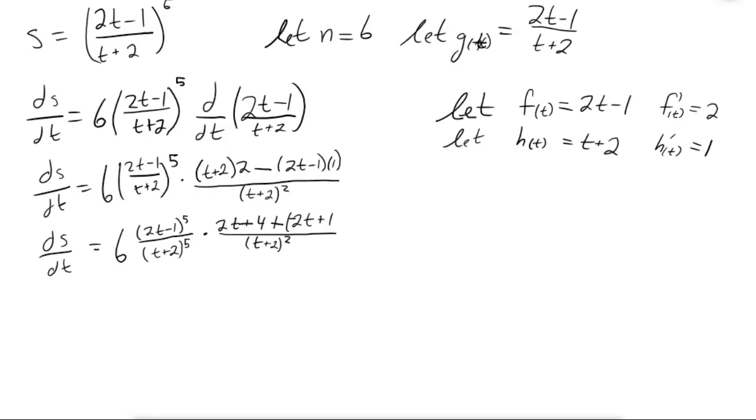So we have 2t and negative 2t, so they cancel each other out, and we're left with just 5. And then the bottom is still the bottom.